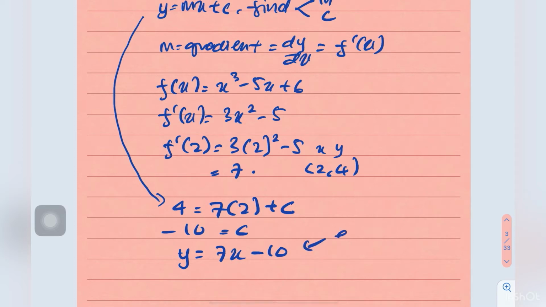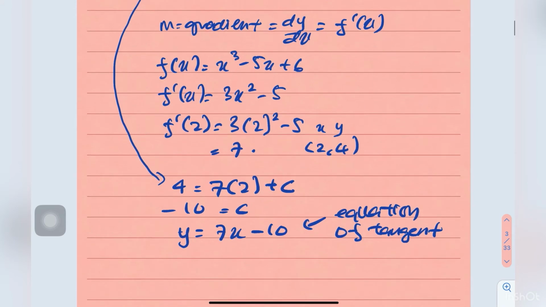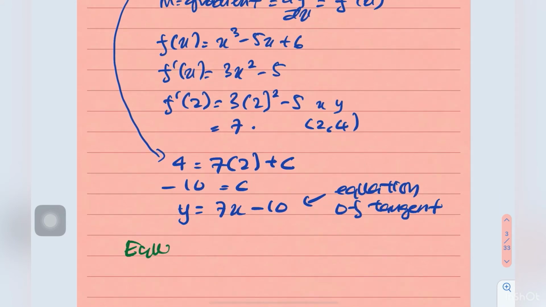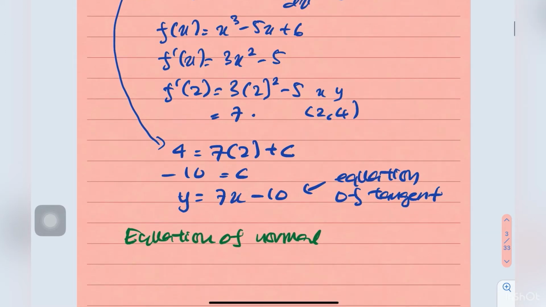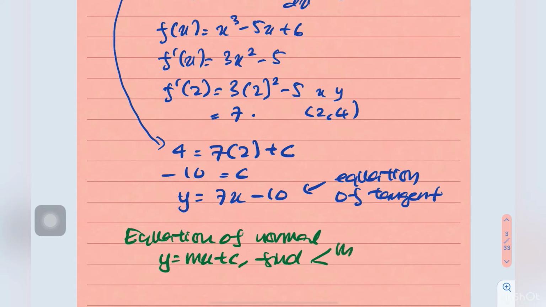To get the equation of normal, same thing: y equals mx plus c, find m and c.